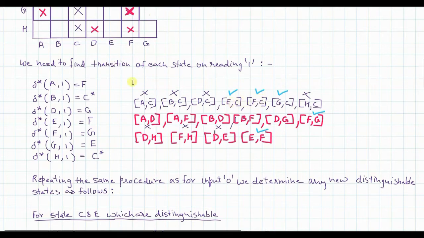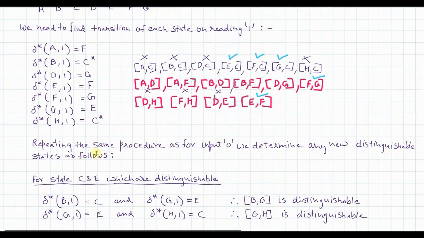Similarly, F comma C: F is present on the right hand side, and C is also present. That means the already existing distinguishable pair F comma C is also going to give you a new pair of states, and so on. Now we will repeat the same procedure that we did for input 0 to determine any new distinguishable states.